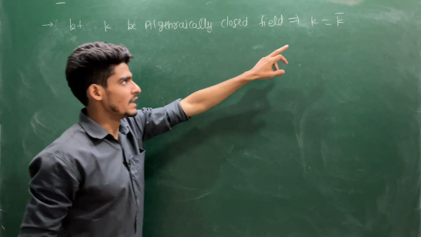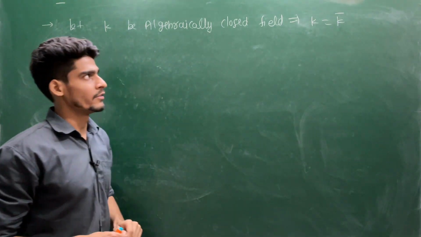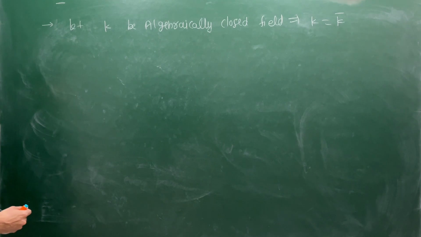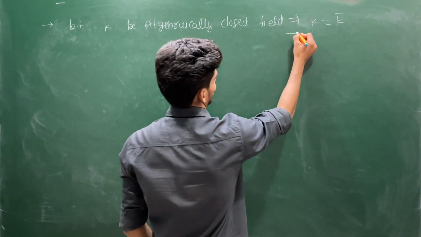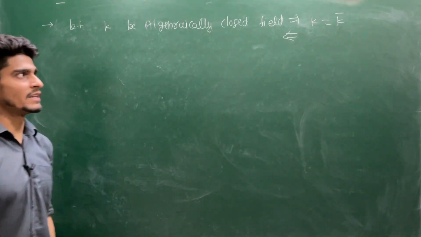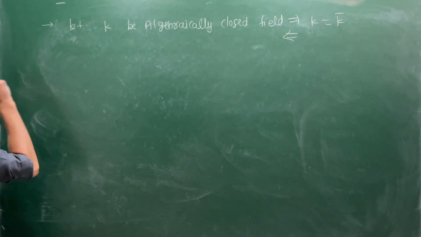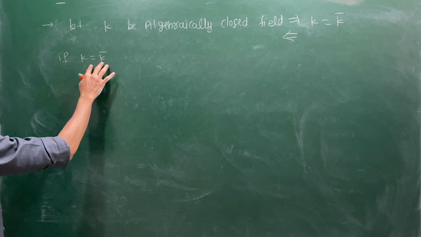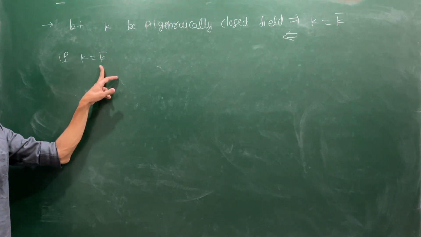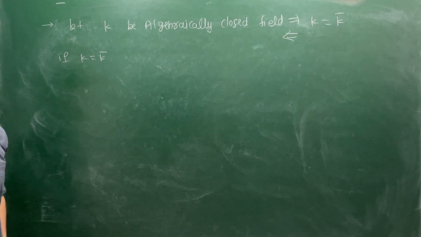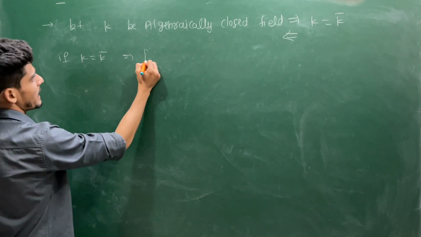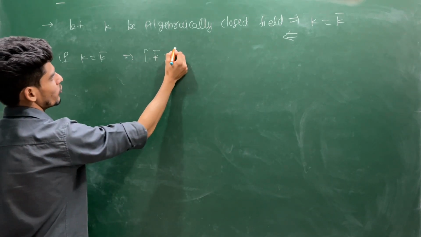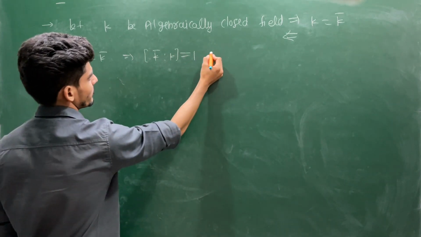That means the algebraic closure of k will be k or not. Or what can you say about this converse? If k is the same as k bar, let's see. If k is the same as k bar, that means the algebraic closure of k is k itself. But then this will imply the degree of k over k will be 1, which is finite.